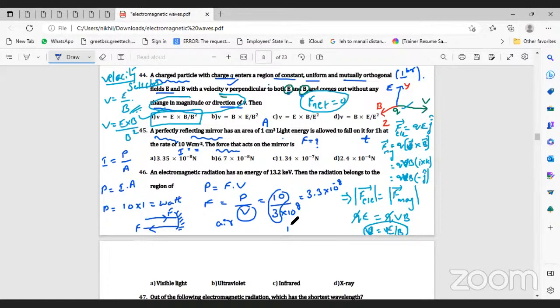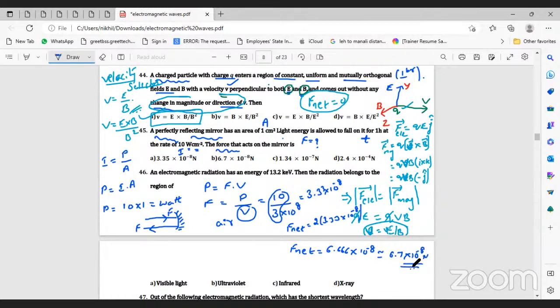So the net force from the mirror will be 2 times 3.33 into 10 power minus 8, which is 6.66 recurring into 10 power minus 8, approximately 6.7 into 10 power minus 8 Newton.